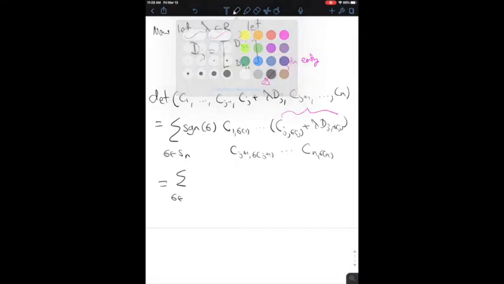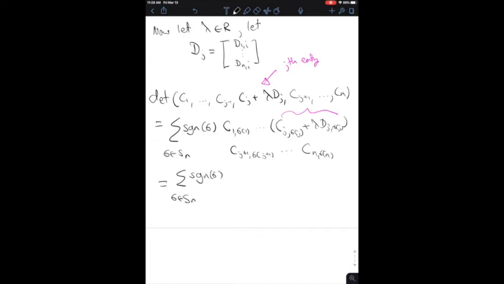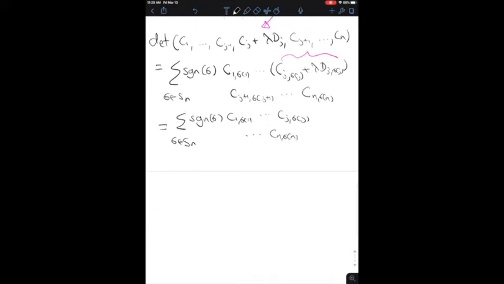So this now becomes the sum over the permutations of sign of sigma, C1 sigma 1, up to Cj sigma j, up to Cn sigma n, plus lambda times the sum of sign of sigma, C1 sigma 1 up to dj sigma j.